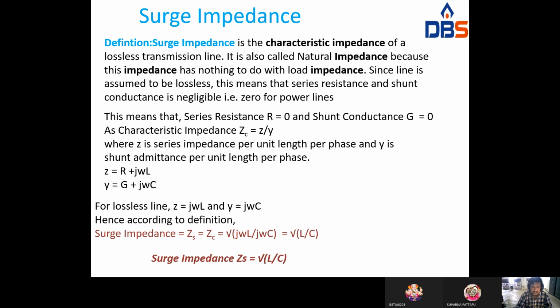All the problems will be discussed in the last class itself. Once you have to go through all the problems once again, right? The second unit is nothing but calculation of voltage regulation and efficiency for short, medium and long transmission line problems.